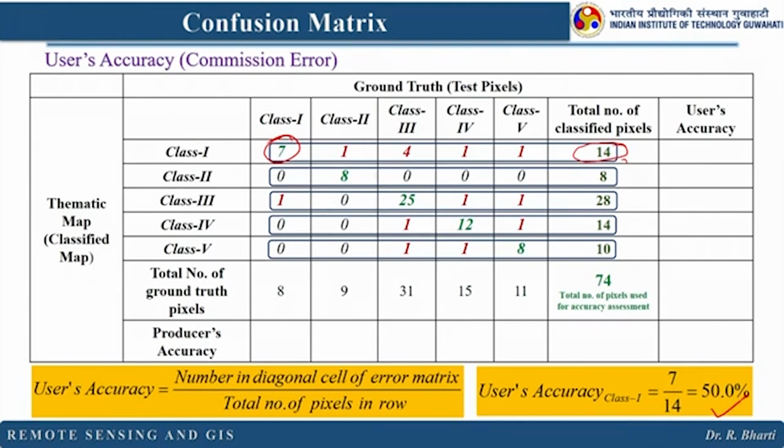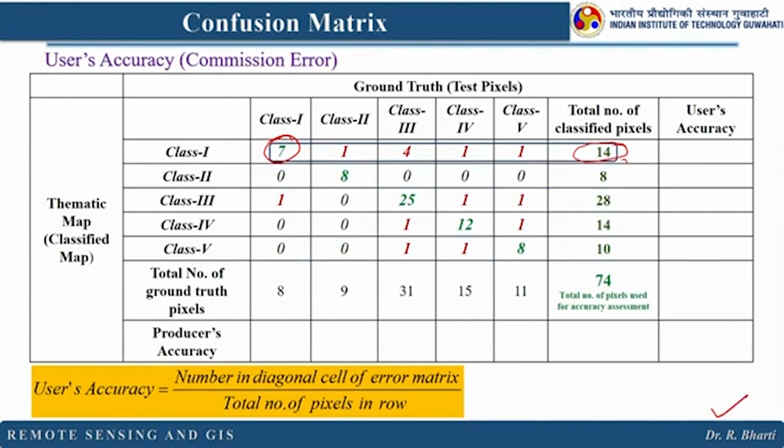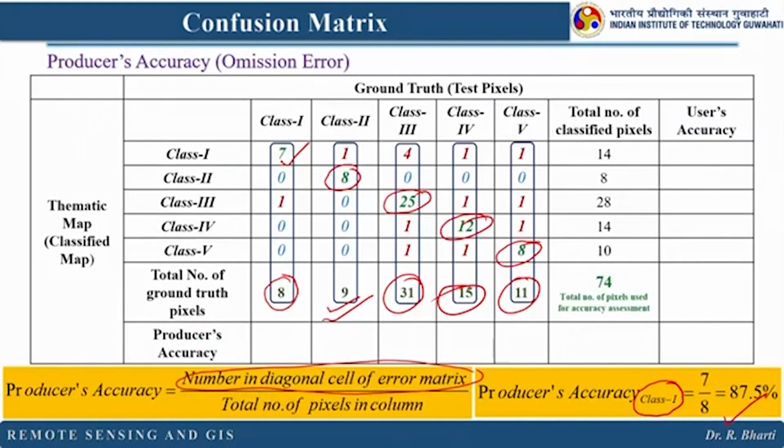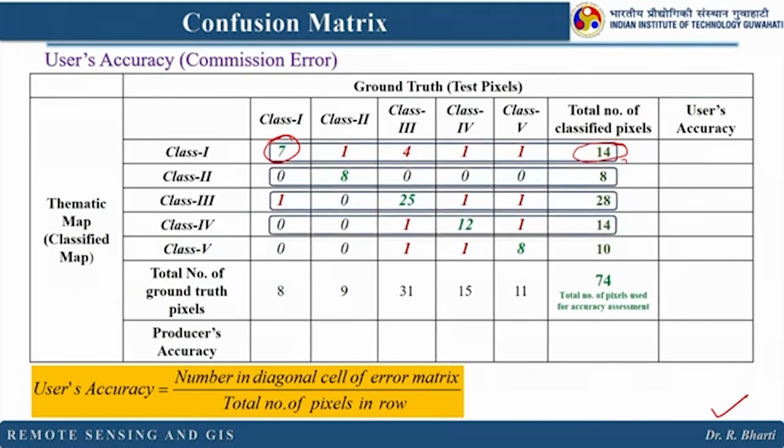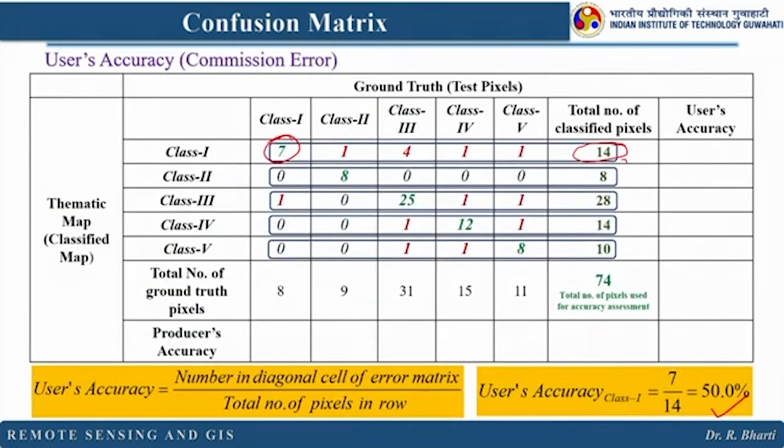So, if you remember the last slide, let us note that value, right. In the producer accuracy, class 1 producer accuracy was 87.5%. In user's accuracy, the class 1 accuracy value is 50%.